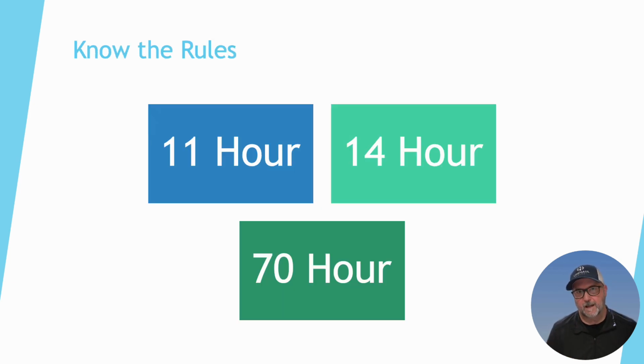Okay, so the driver has a solid 10 hours or their 34-hour break and they're good to go at that point. So what are we dealing with when we're operating? We have 11 hours that the driver can be on the drive line. You've got to be thinking about things going on in your day-to-day operations.